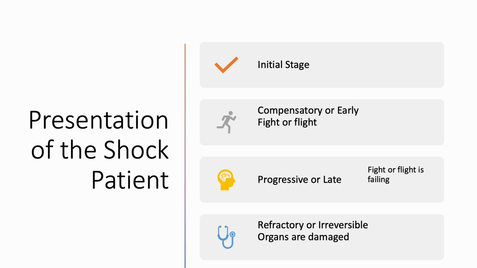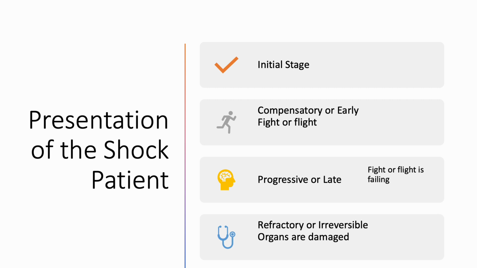Shock progresses through various stages. The initial stage is the earliest phase where the body begins to experience decreased perfusion, but symptoms may not yet be noticeable. In the compensatory or early stage, the body activates the fight or flight response to compensate for the lack of oxygen and blood flow to tissues.